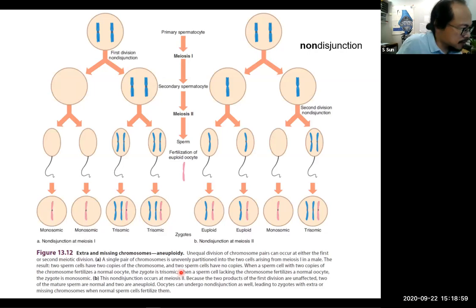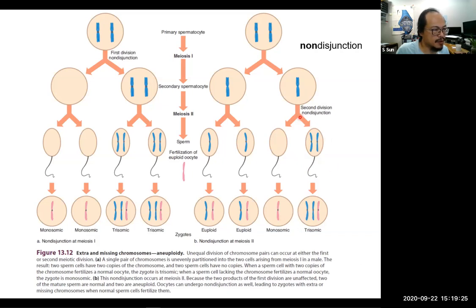So here is an example of how we may get an extra or missing chromosome. It may be caused in the first meiosis, or it may happen in the second meiosis.